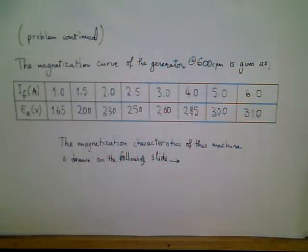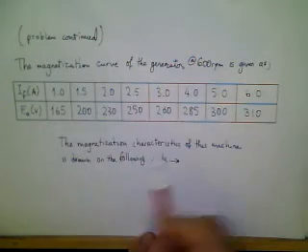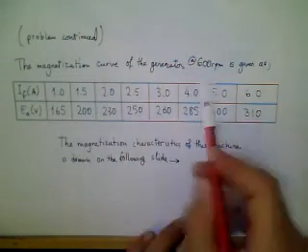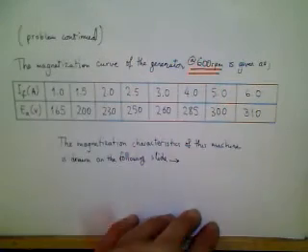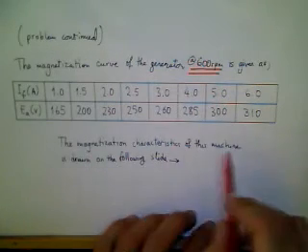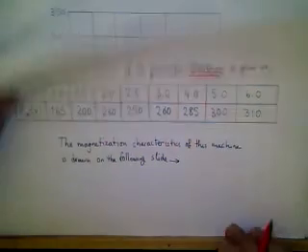So the first thing is, let's convert these numbers to the magnetization characteristics. These numbers are given at 600 RPM, and the magnetization characteristic of the machine is drawn on the following page.